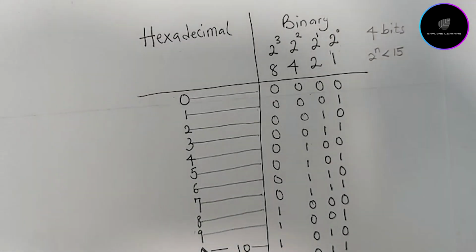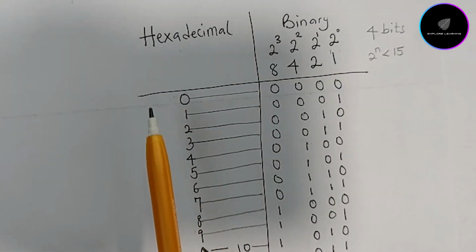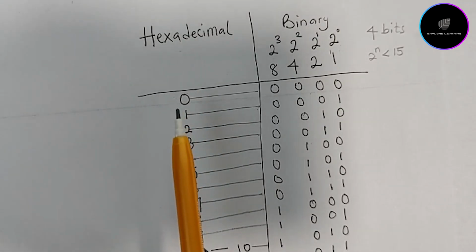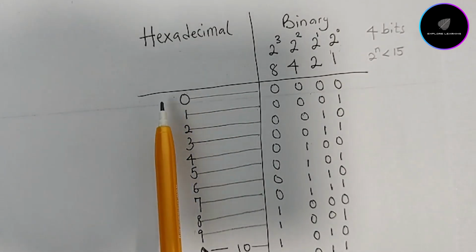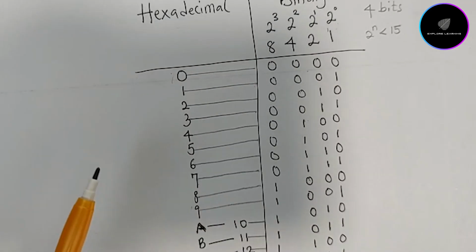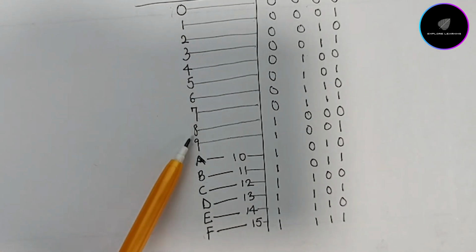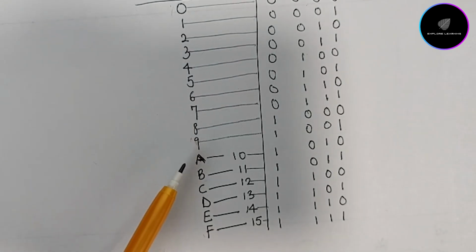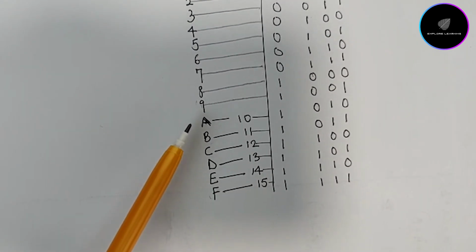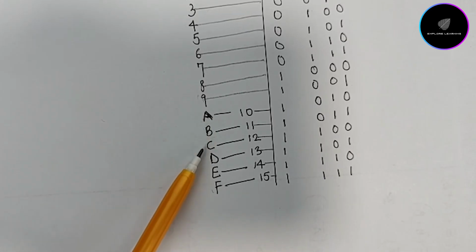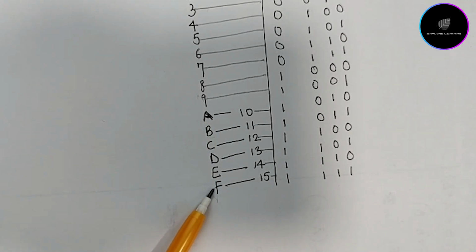Alright, so now we understand that the hexadecimal number system contains both numerical values and alphabets. You have 0 all the way to 9, and then we have the alphabet, which runs all the way from A to F.